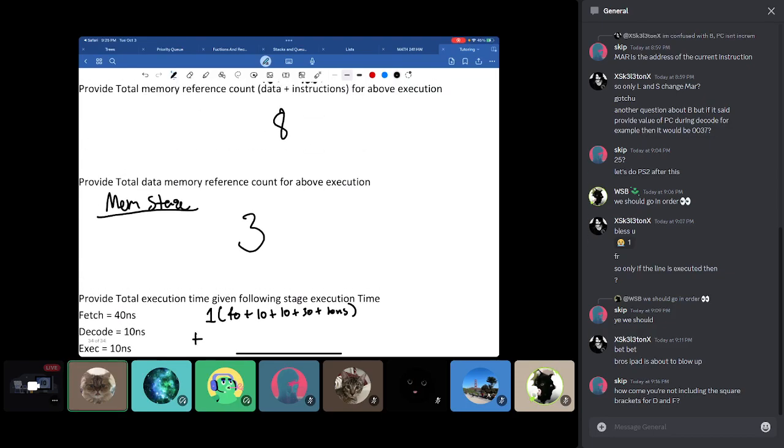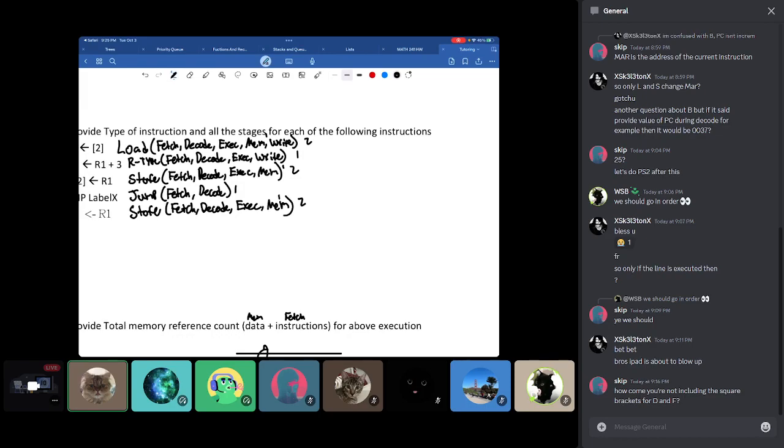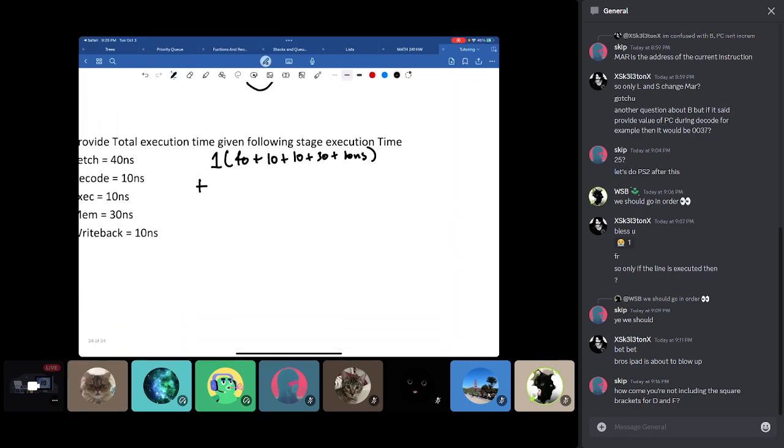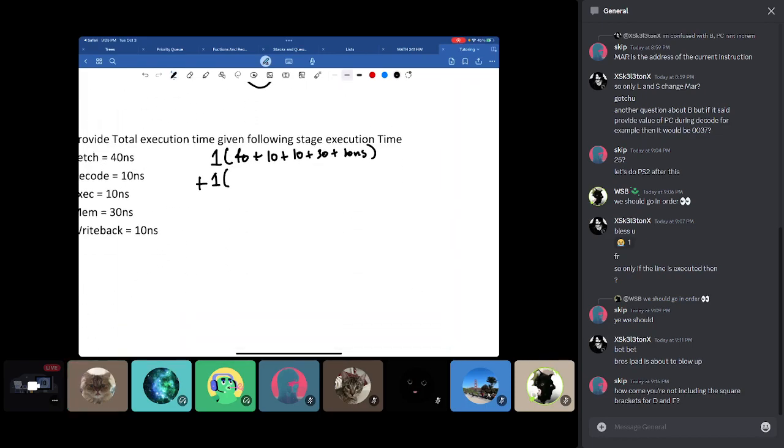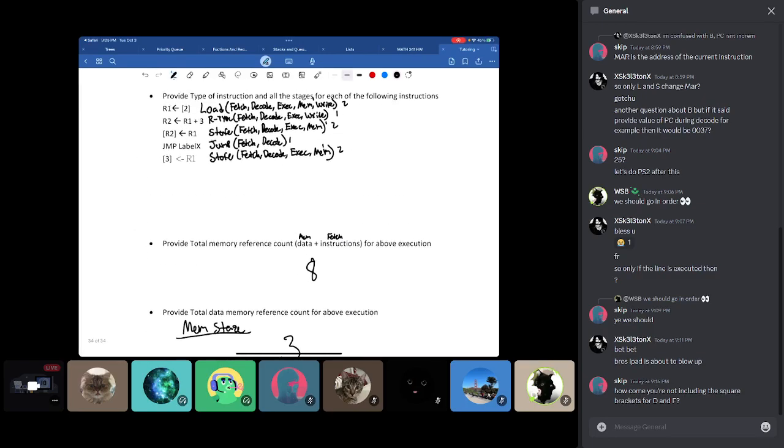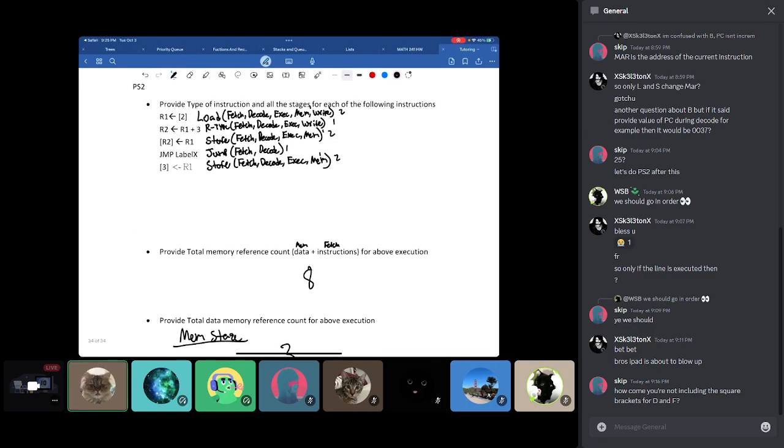Plus, we have 1 R type, that is fetch 40 nanoseconds, plus decode 10 nanoseconds, plus exec 10 nanoseconds, plus write back 10 nanoseconds. Plus store, there we have 2 stores.